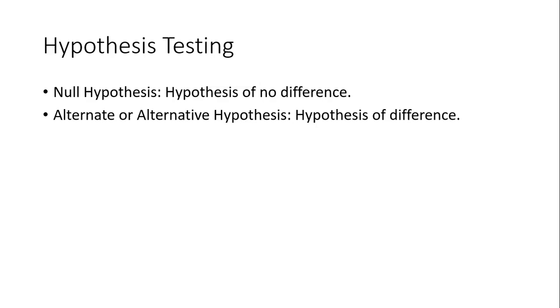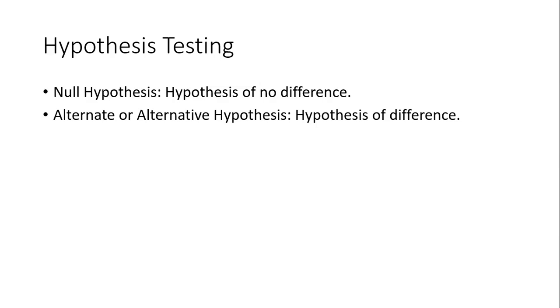All right. Now, based on whether you are saying it's not equal, or if you say that the sample mean is greater than or less than, there are two subdivisions for the alternate hypothesis. One is called the one-tail test, and the other one is called a two-tail test.